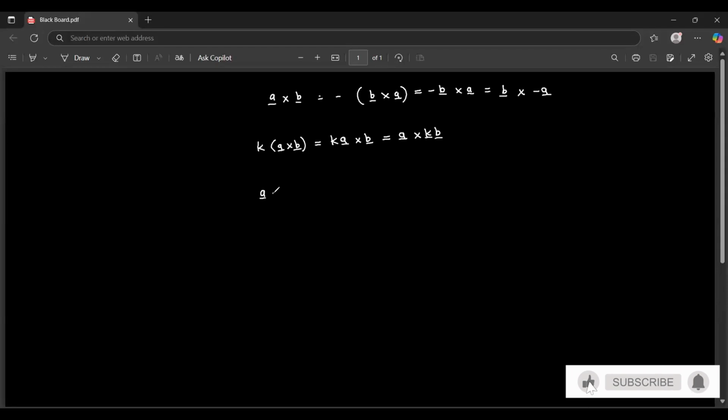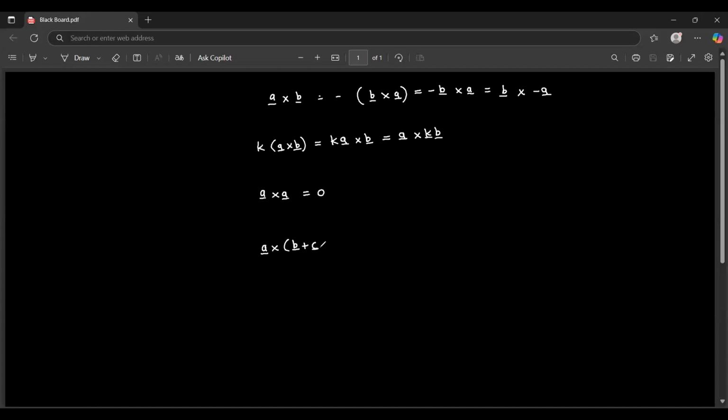Then we have A cross A, which is equal to 0. And then we have A cross (B plus C) is equal to A cross B plus A cross C. So that's all I wanted to focus on in this video.